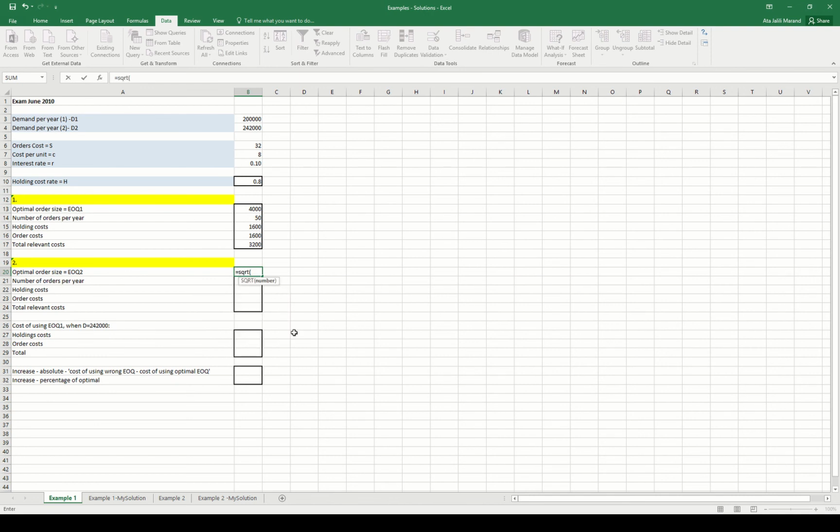It is the square root of 2 times demand times order cost divided by H, which is the inventory holding cost. So it is 4,400. Then the number of orders made per year is the demand divided by order quantity.